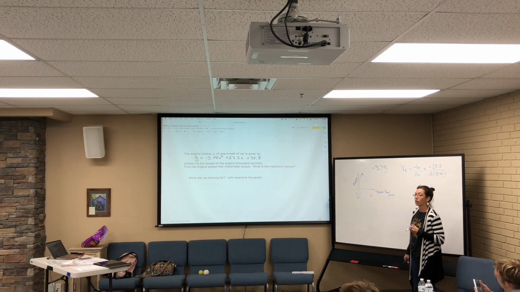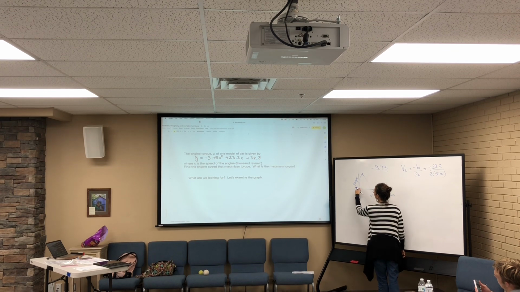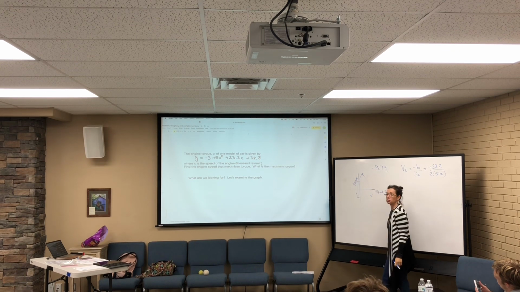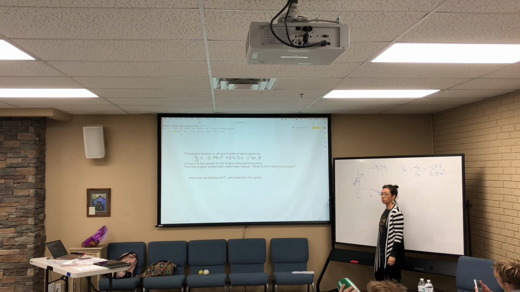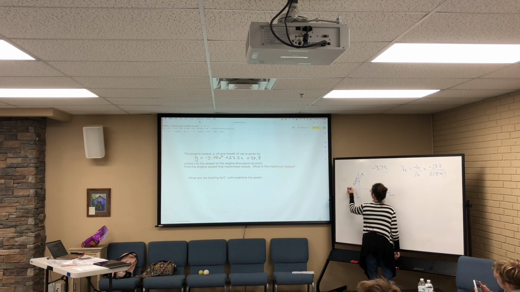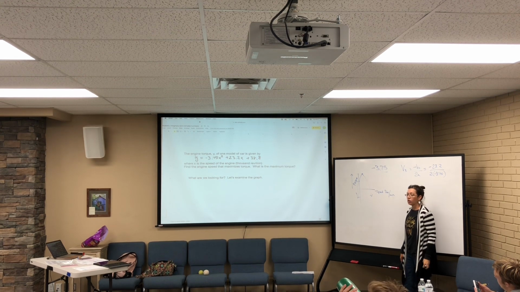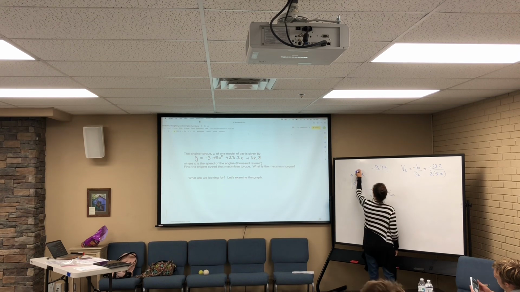Are they asking for when x equals 0? Okay. If x equals 0, that might be a place along the y-axis somewhere. If it's saying the speed that maximizes torque, so I want the highest value of y. So the vertex? The vertex.